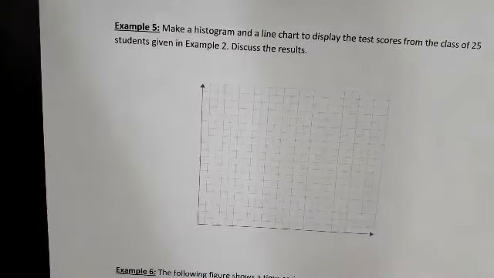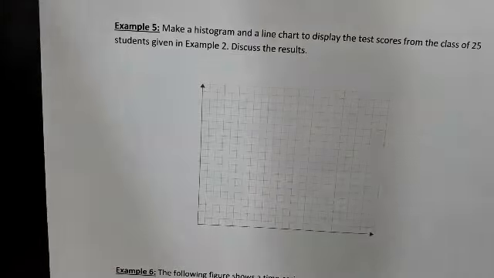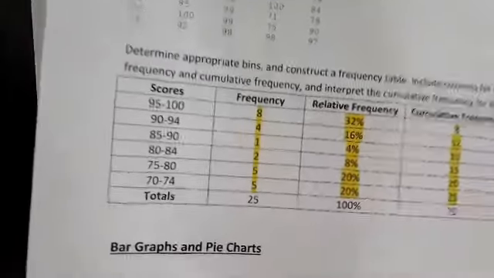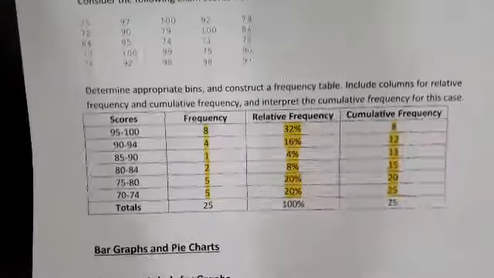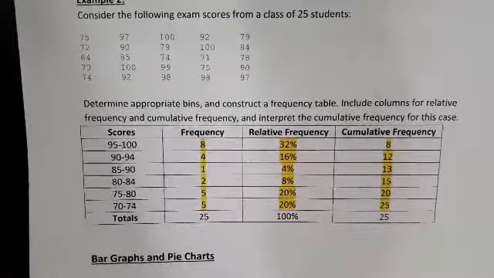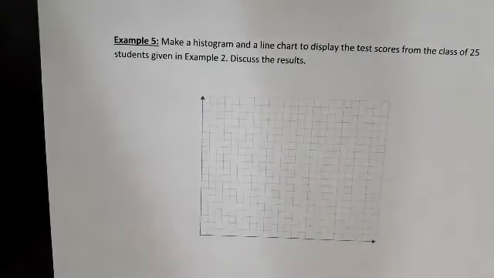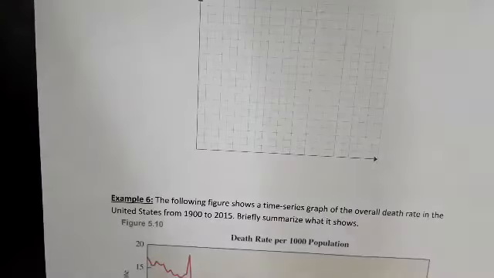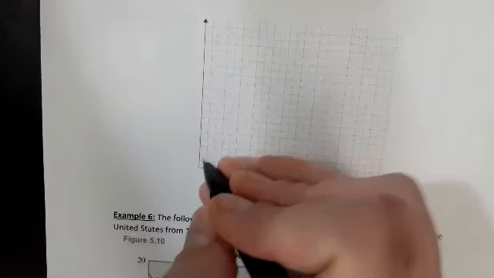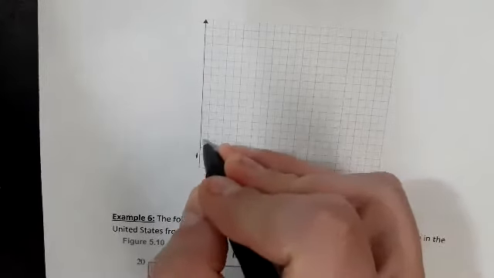Okay, so we want to make our x-axis numerical. If we look at our x-axis, it should be going from 70 to 100 in intervals of 5. If we look at our y-axis, the largest is 8, the smallest is 1. So I think if we go every 2, we'll have enough. 1 and 2.